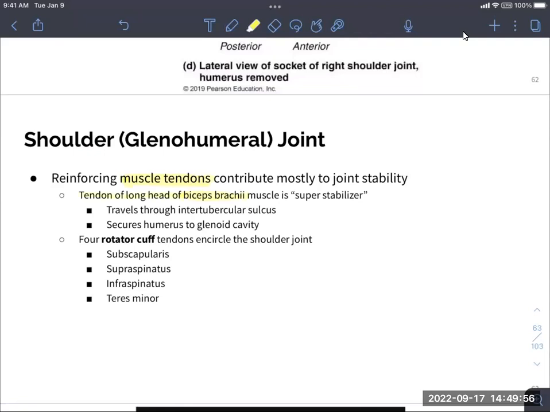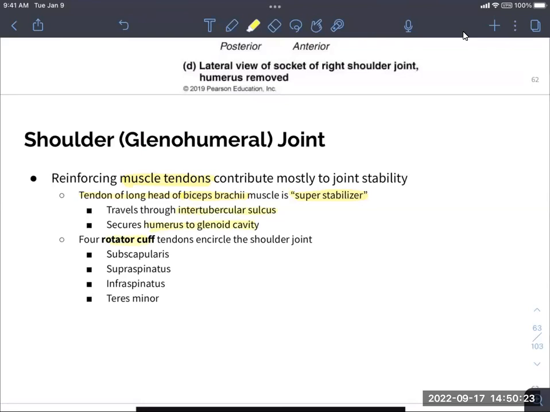Bi means two, so there's two heads to the biceps muscle. That long head is called the superstabilizer. As I've said, the intertubercular sulcus is named because something goes through there. Well, it's the tendon to the long head of the biceps brachii. And it helps hold the humerus to the glenoid cavity.